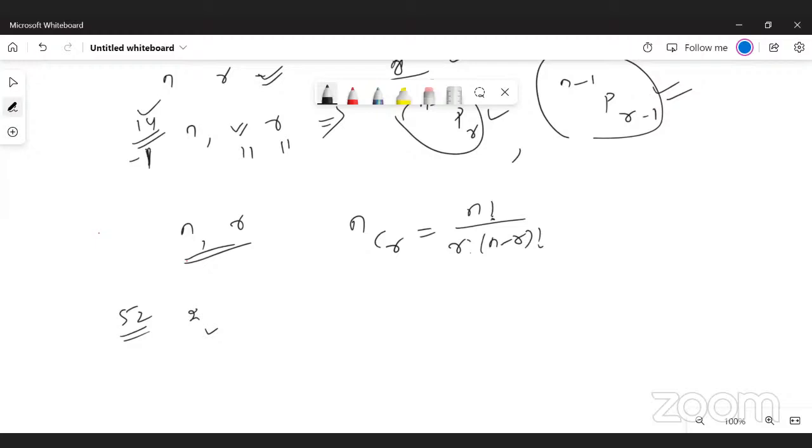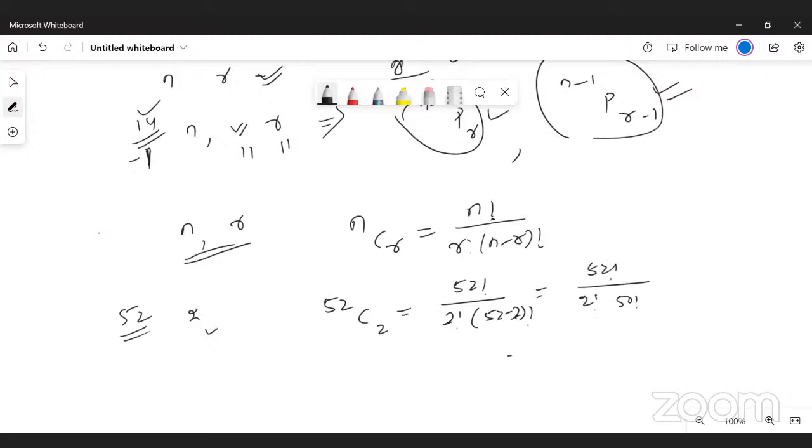Then it is called 52C2, that means 52 factorial divided by 2 factorial into 52 minus 2 factorial. It becomes 52 factorial divided by 2 factorial into 50 factorial.